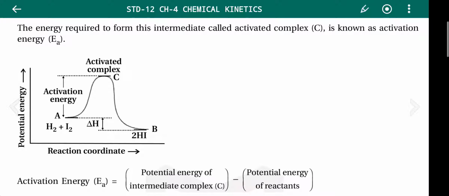H2 plus I2 are our reactants, and 2HI is our product. The height at C is known as activated complex, and after that it leads to the product 2HI. So activation energy Ea is equal to potential energy of intermediate complex, that is C, minus potential energy of reactants. You have to add this portion into that board work while you are writing this theory in your exam or test.